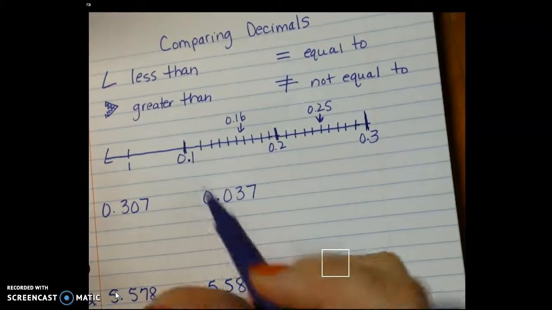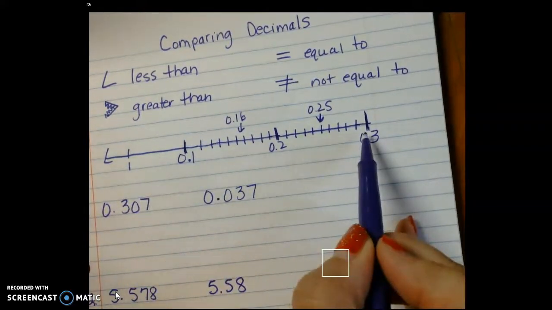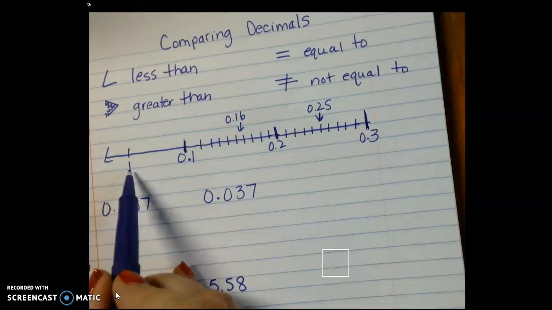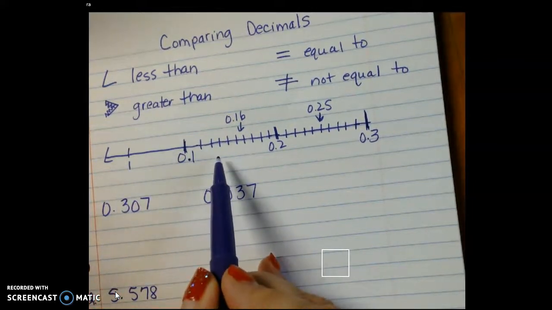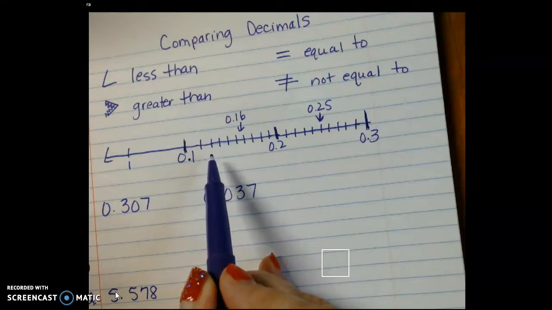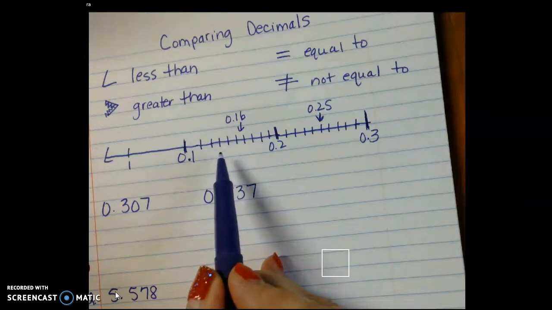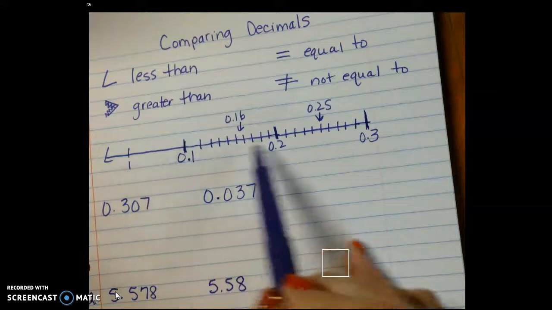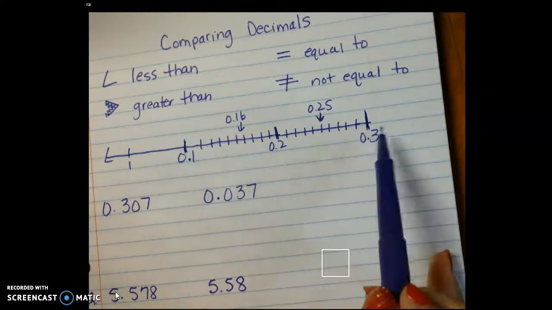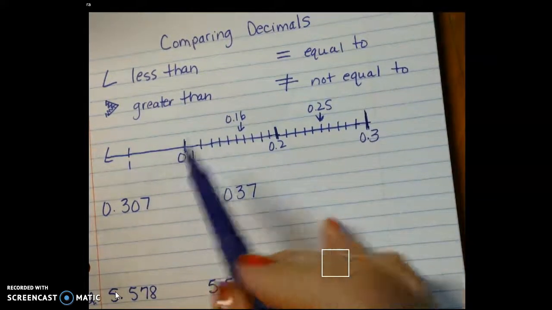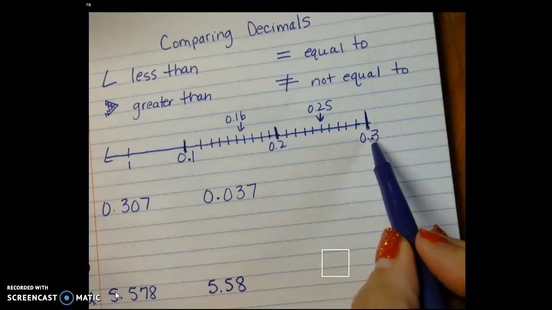One way you can compare decimals is to think about putting them on a number line, and you'll see I have the whole number 1. The easy thing about working with decimals is the denominator in them is always a multiple of 10, either tenths, hundredths, or thousandths. I've divided this into tenths, and I have 1/10, 2/10, 3/10.